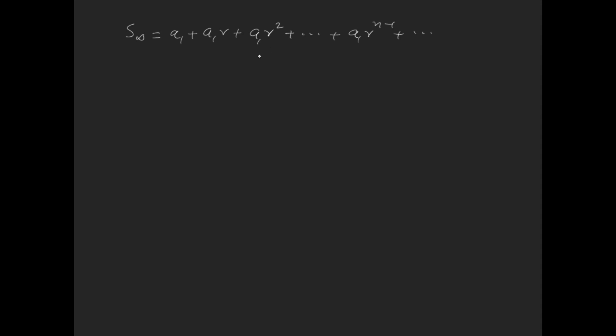So each next term is obtained by multiplying the previous term with the common ratio, and the sum of this whole infinite series is a1 divided by 1 minus r.